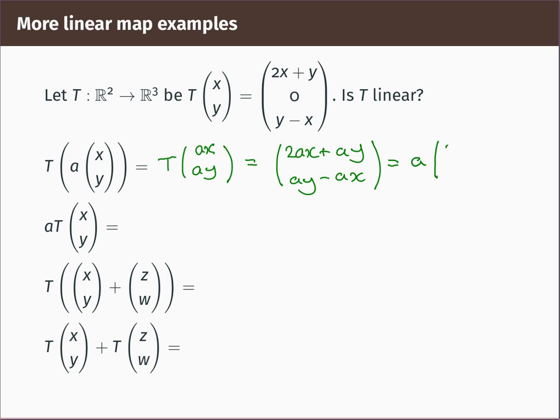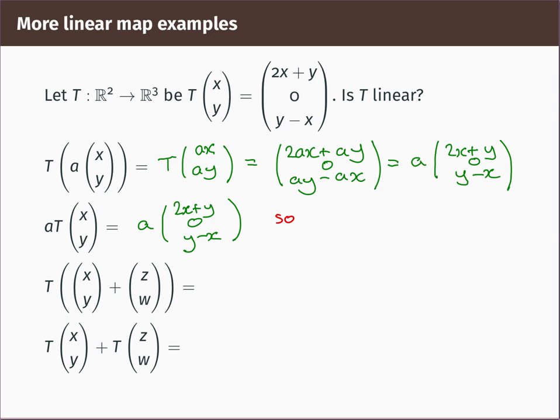We get a times (2x plus y, 0, y minus x). And now if we look at a times T of (x, y), well, that is a times (2x plus y, 0, y minus x). I'd missed a 0 out in the middle there. Okay, that's the same as we had before.